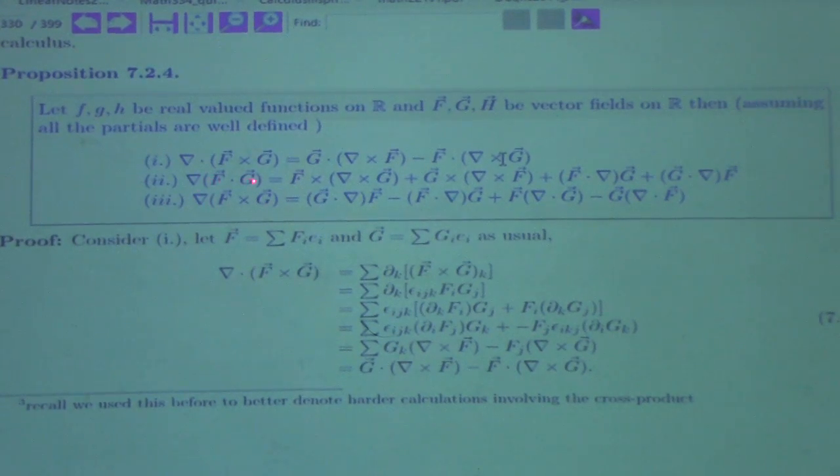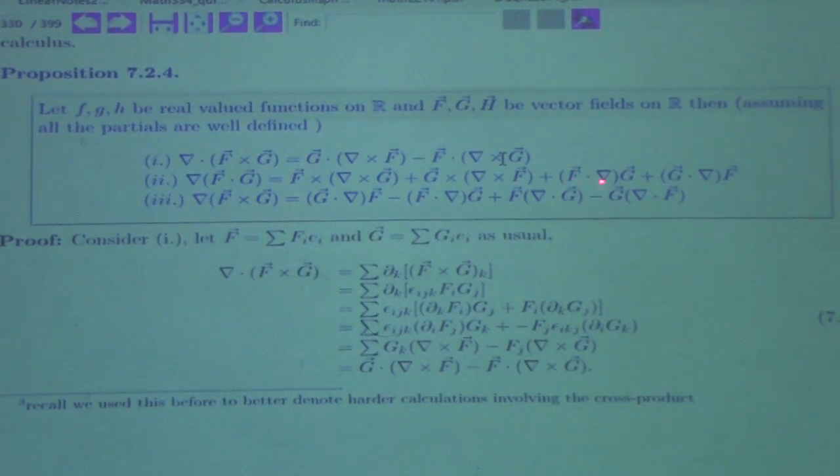If you calculate the gradient of the dot product of two vector fields, that also makes sense, because this is a function, so you can calculate its gradient. That works out to f cross the curl of g plus g cross the curl of f plus f dot del g plus g dot del f. This is not at all obvious, right?